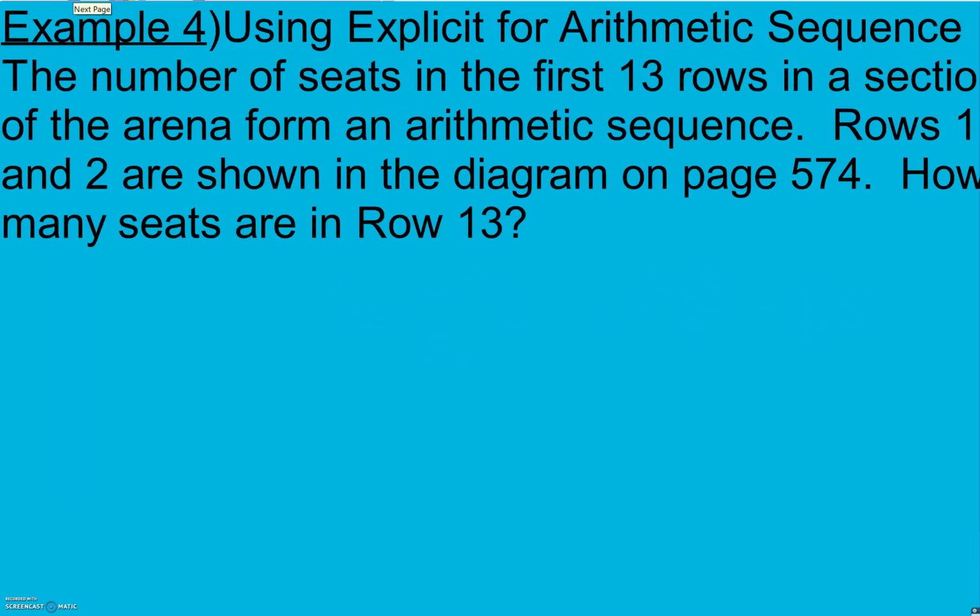Example 4 is using explicit formula for arithmetic sequences. The number of seats in the first 13 rows of a section of the arena form an arithmetic sequence. Rows 1 and 2 are shown in the diagram on page 574. So if you look at page 574, okay, it gives us rows 1 and 2.